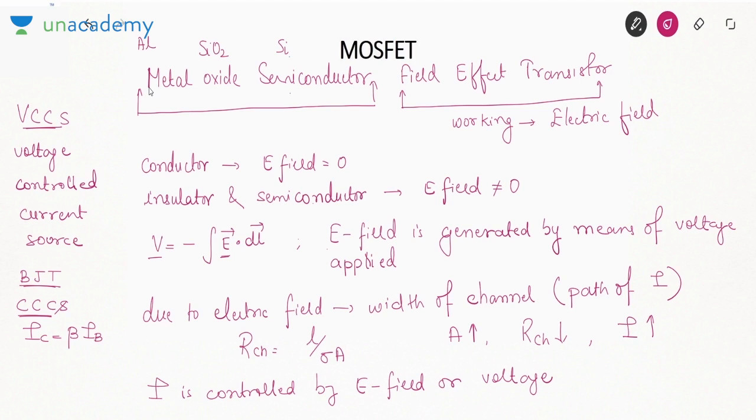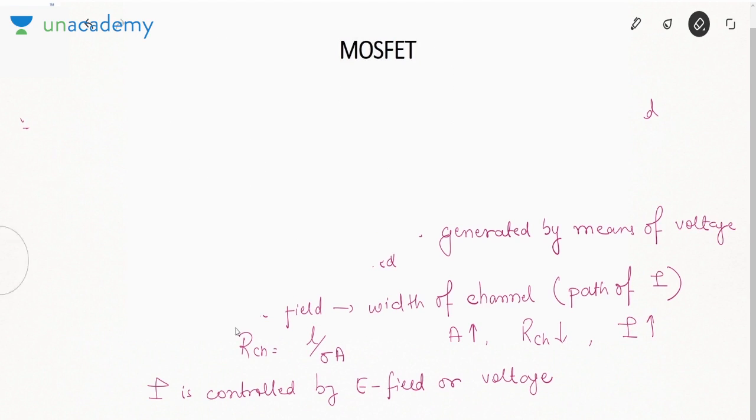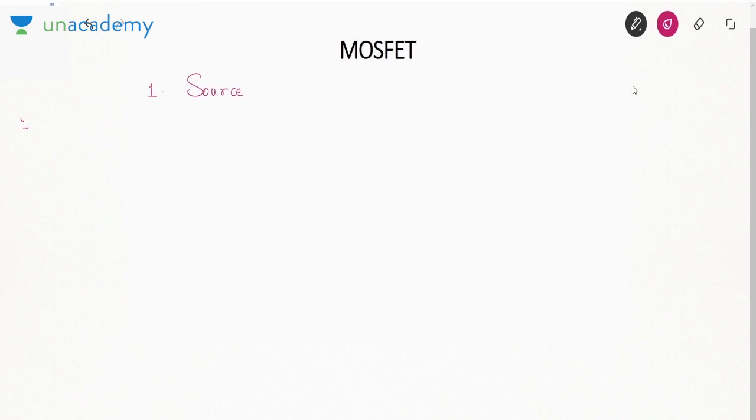Now in case of MOSFET, we have 3 terminals. Like BJT has 3 terminals, MOSFET also has 3 terminals. The 3 terminals are called drain, source and gate. The first terminal is called source.